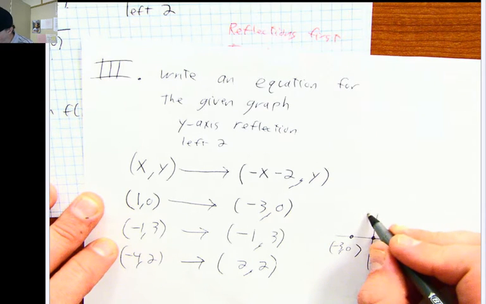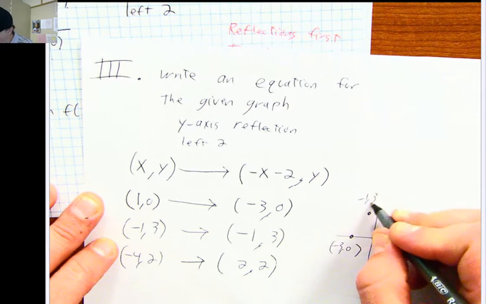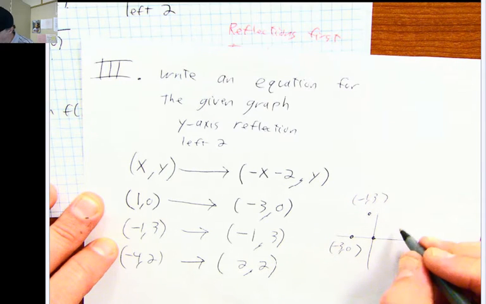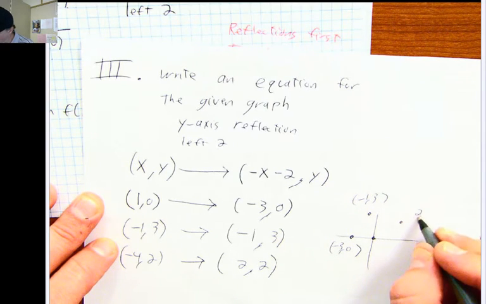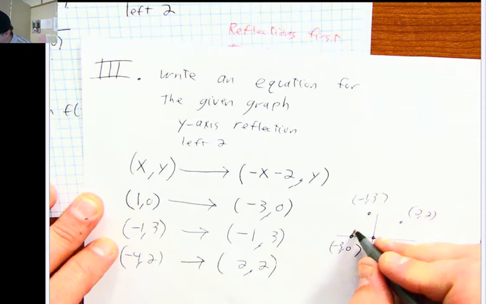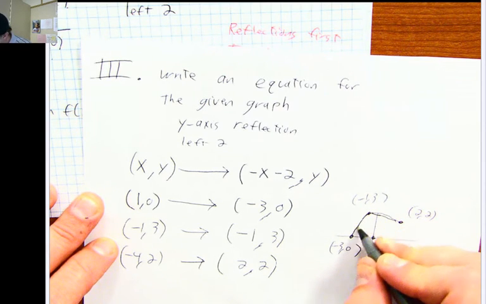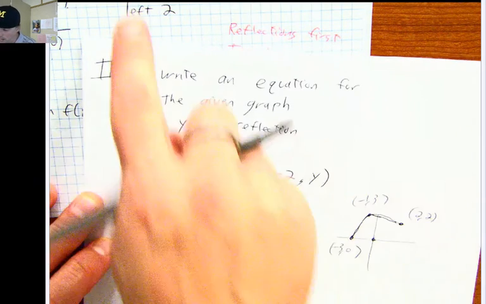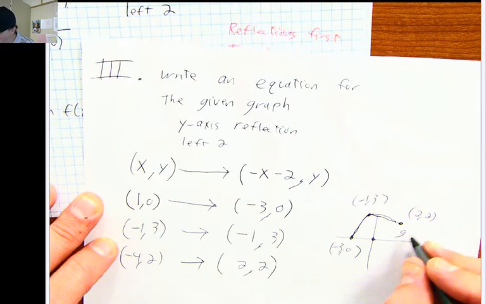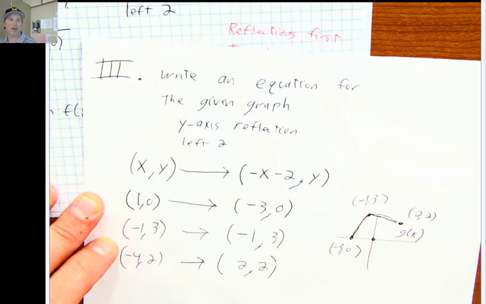Negative 1, 3 would be up here, and 2, 2 would be over here. Connect the dots. Label it as the graph, so this was g of x. And you have a nice non-graph paper graph.